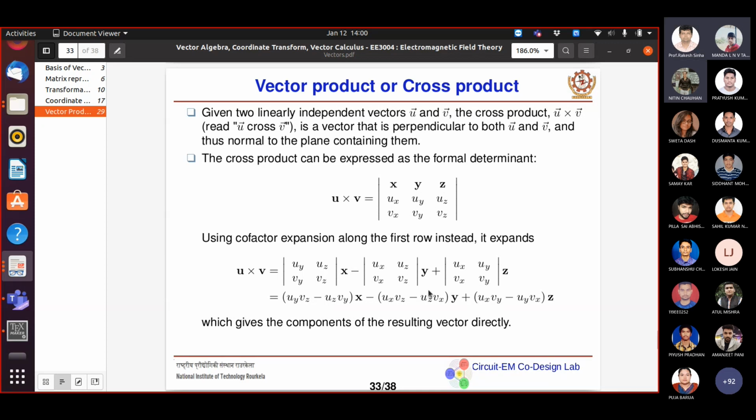Similarly for y, you have a minus sign, and then you remove this column and multiply ux into vz minus uz into vx. And similarly for the z direction you get ux into vy minus uy into vx. Okay, so in this way you can easily perform this.